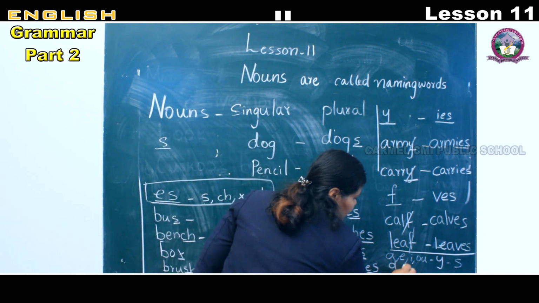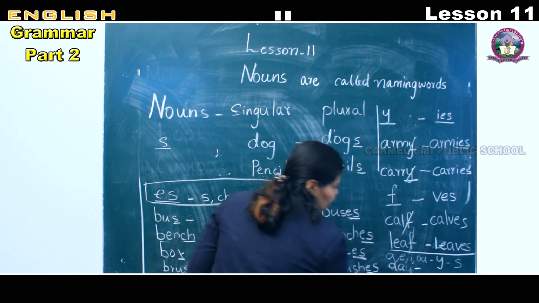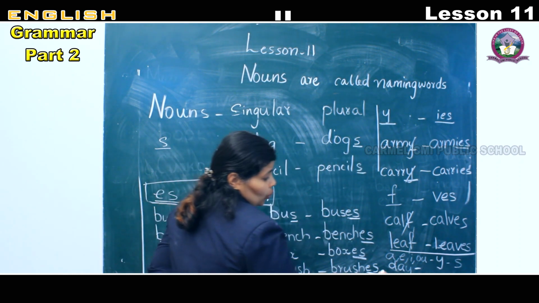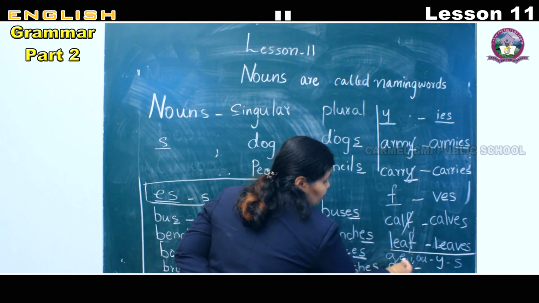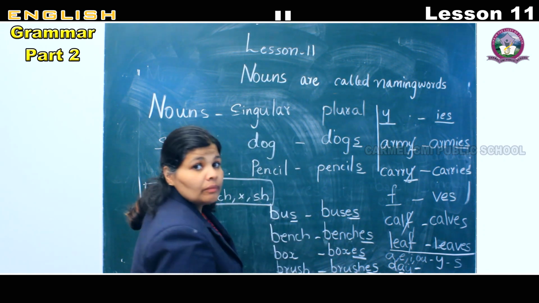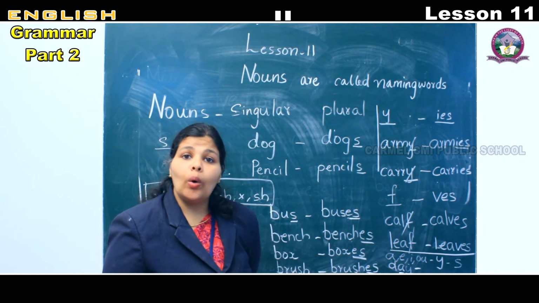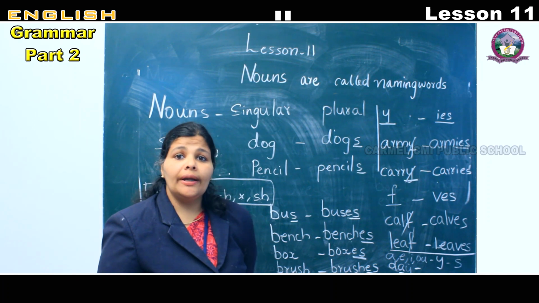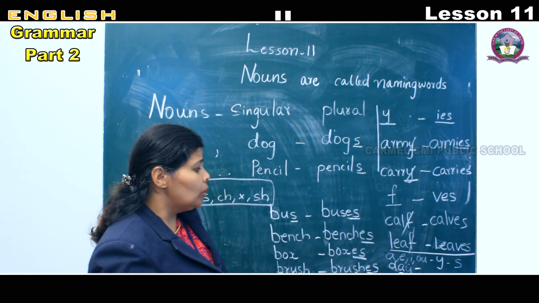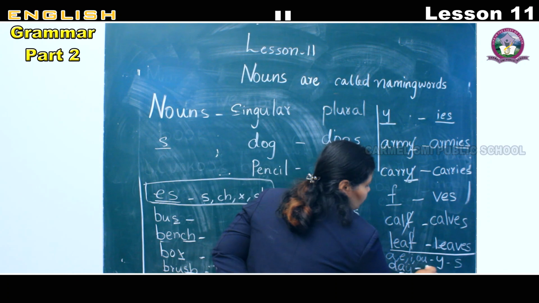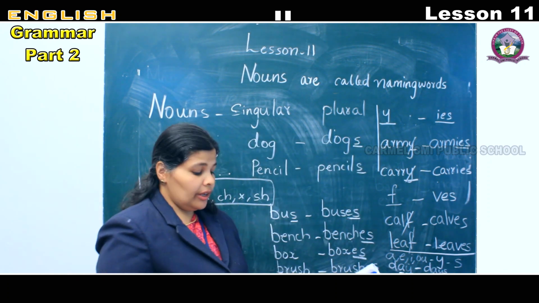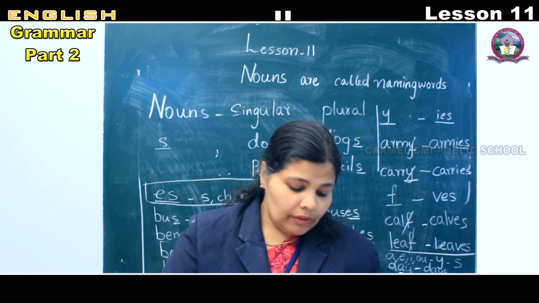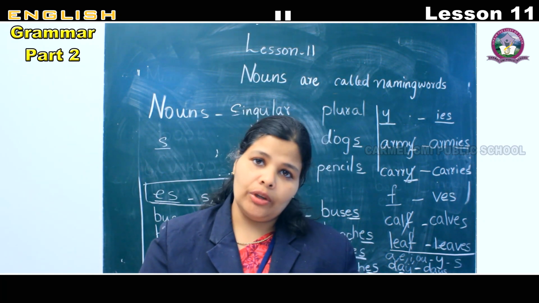Now, for example, day. Before Y here, what is the letter? A. So, A is a vowel. So, what will you add? S to make it into plural. So, days. On the same page, there are a few more examples given. Try to do it by yourself.